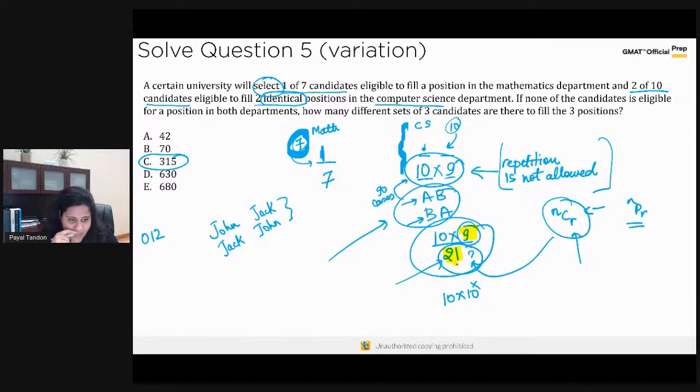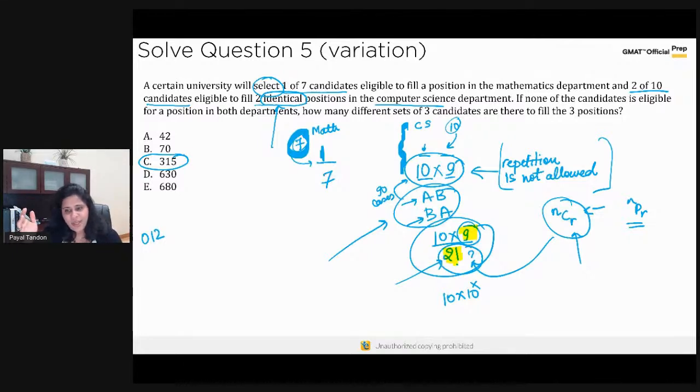All right. In the CS department, if positions are different, why did they set two identical positions? Hemraj, good question. Actually, let's get to that, because that brings up another point. Let's say these are identical positions.